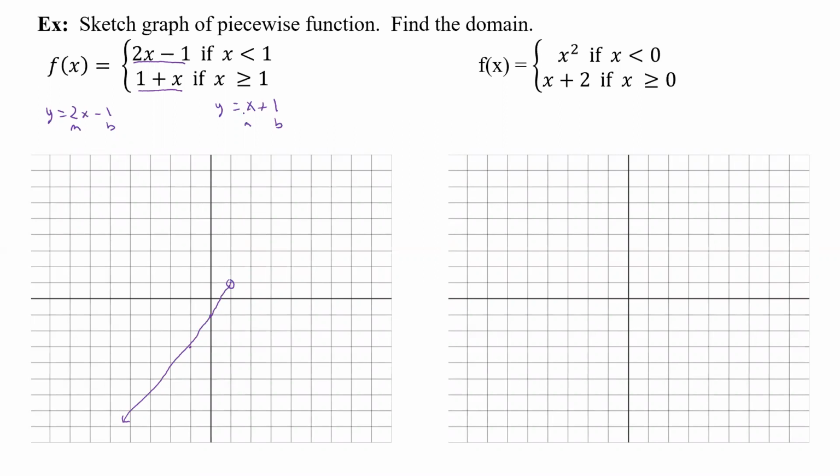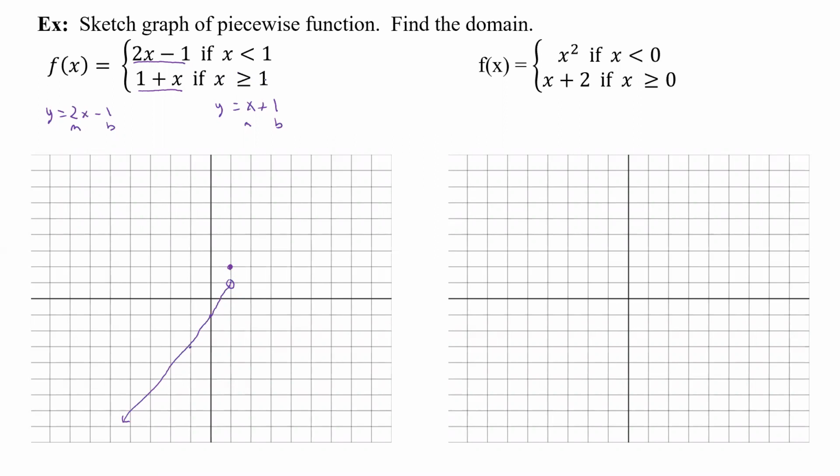Now the next one says at 1, and we have to have x greater than 1. So this is going to be on this point here somewhere. And if we plug in 1 here for x, that gives y is 2. So if we have 1, 2, we're going to have a closed circle at that point. That's actually going to be our first point just because of how it works.